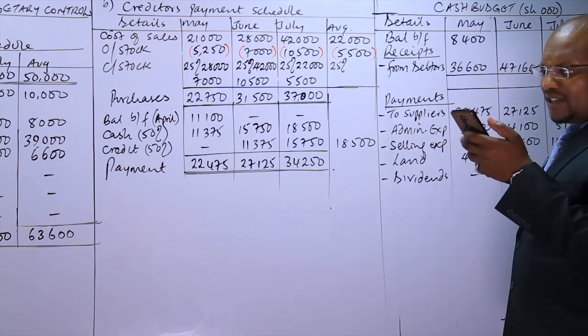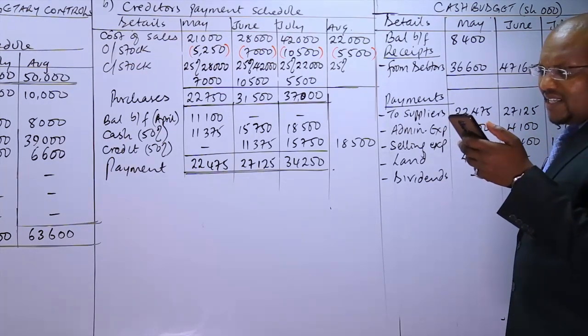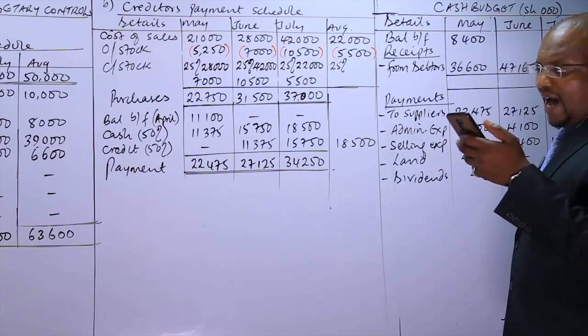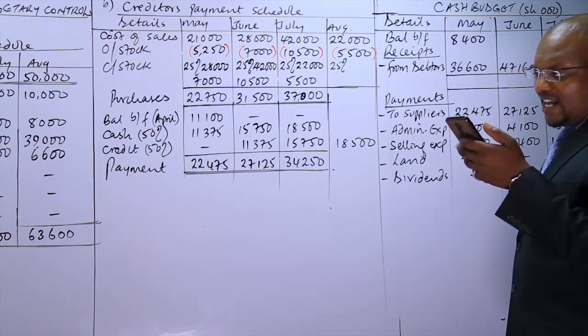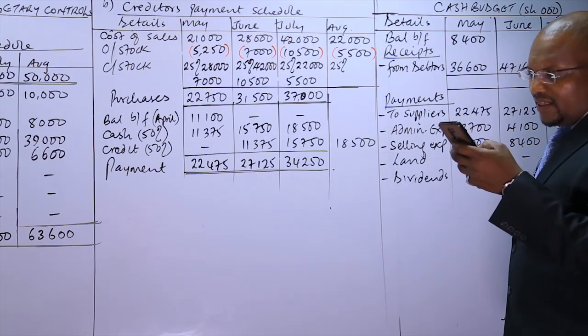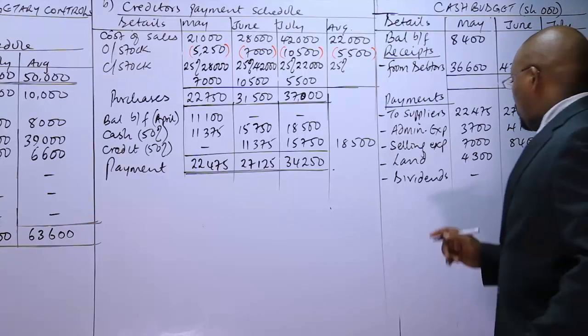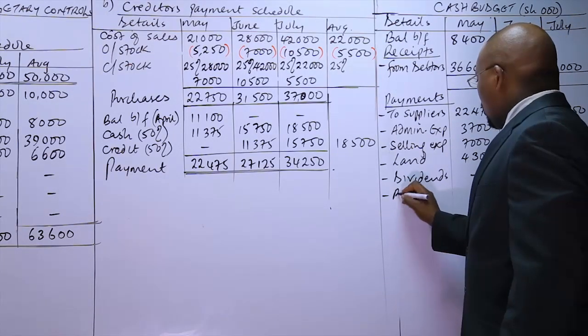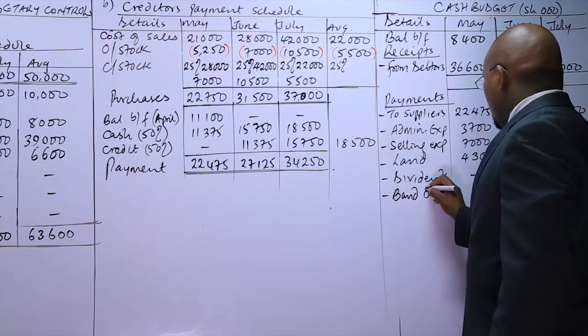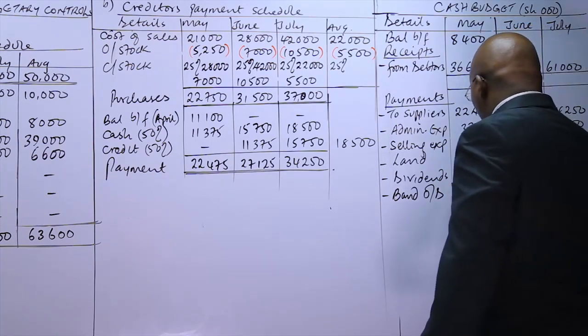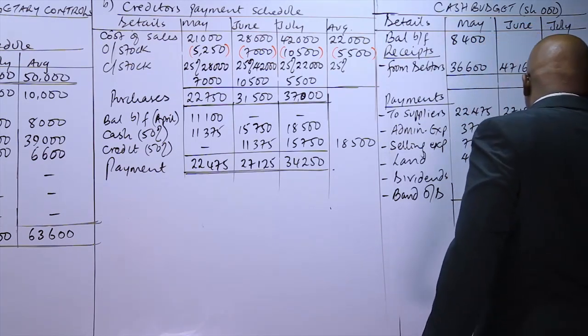And then I am told that number 9, the cash balance is 8,400, and the company must maintain a cash balance of at least this amount at the end of each month. And in case of a deficit, we can take an overdraft. That means we need to have here a bank overdraft, OD, because we'll be paying.